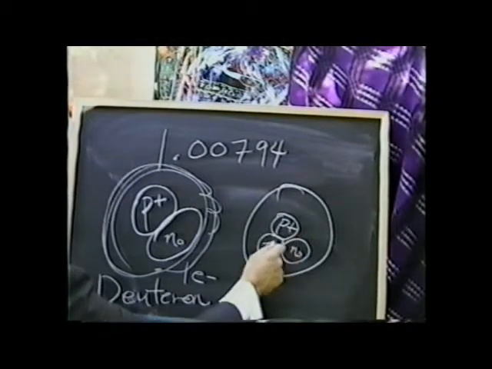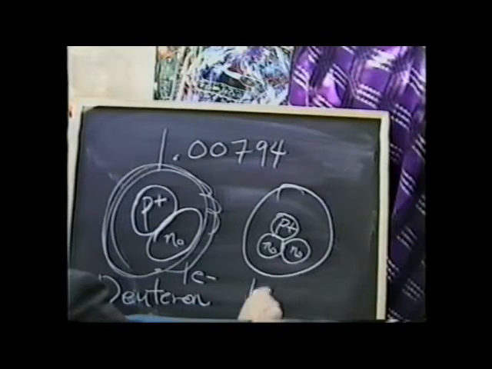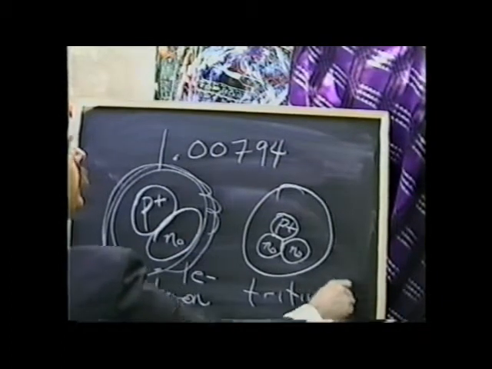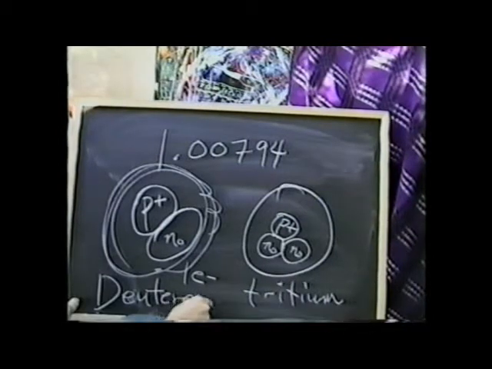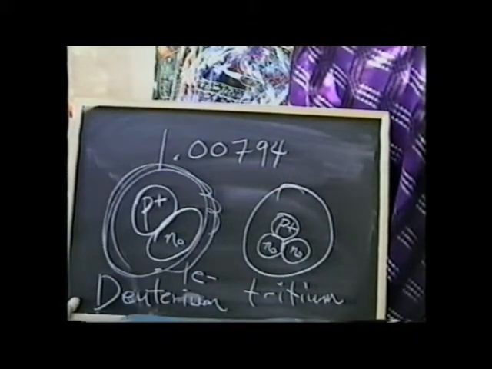So one proton, two neutrons, three particles roughly, called tritium. Deuterium is another name for the two particle mass. This is known as heavy water.